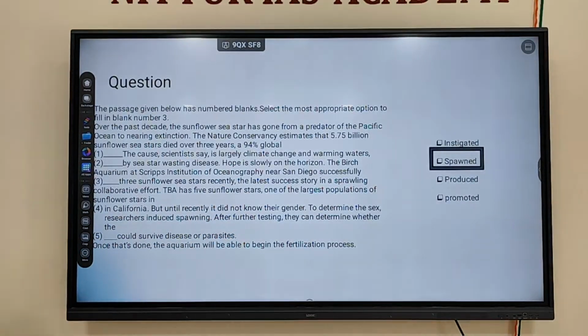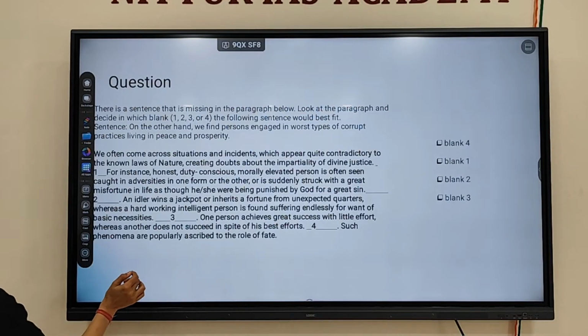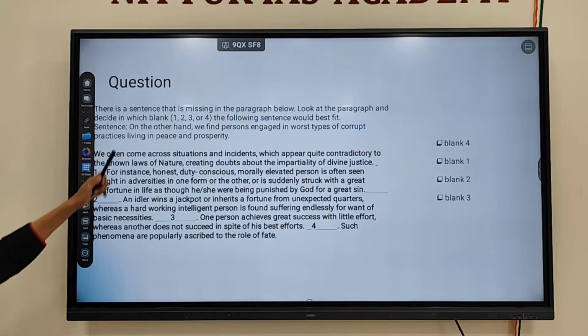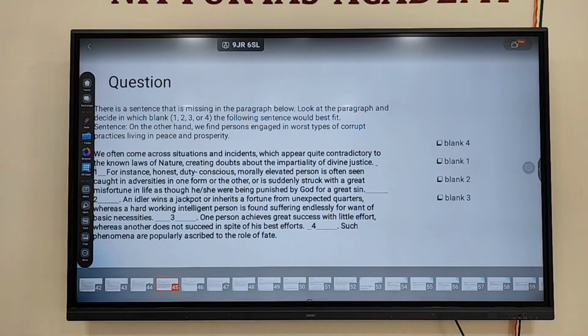Moving on. We often come across situations and incidents which appear quite contradictory to the known laws of nature, creating doubts about the impartiality of divine justice.